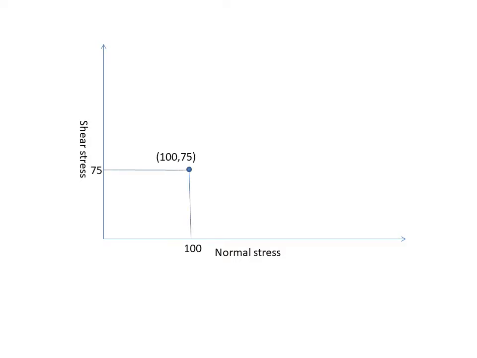It was mentioned that your soil is failing at a shear stress of 75 and a normal stress of 100. So first, draw two axes. The Y axis is shear stress, the x axis is normal stress. Your soil is failing at a shear stress of 75 and a normal stress of 100, so plot that point.